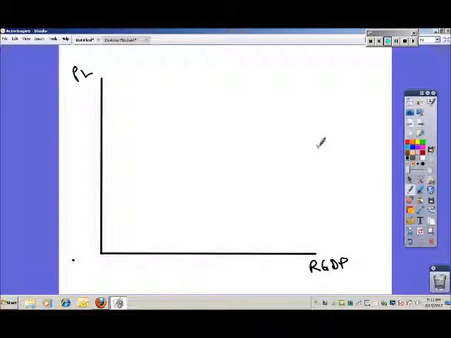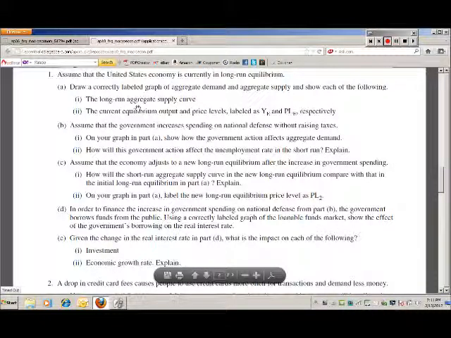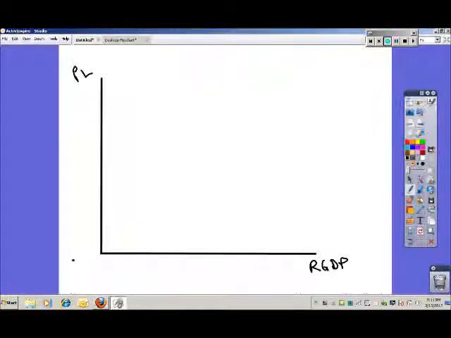The one thing they asked us already to do on this particular question is to show the long-run aggregate supply curve, but they also told us to correctly label everything and show this in what they're considering long-run equilibrium. Well, how do we do that? Let's do it now. We have our axes labeled.